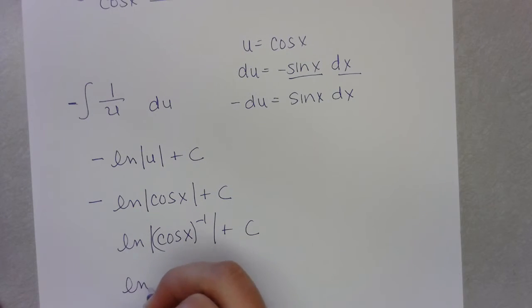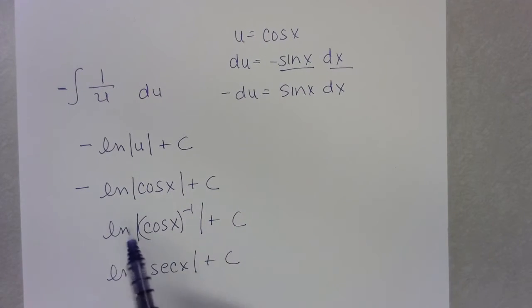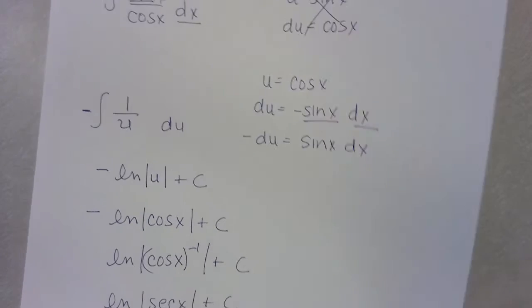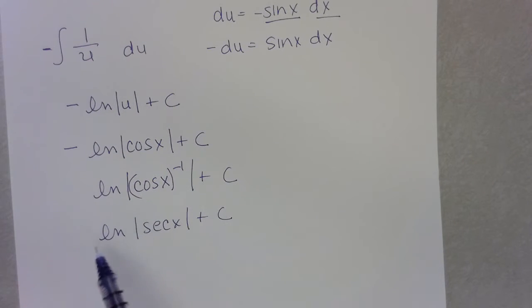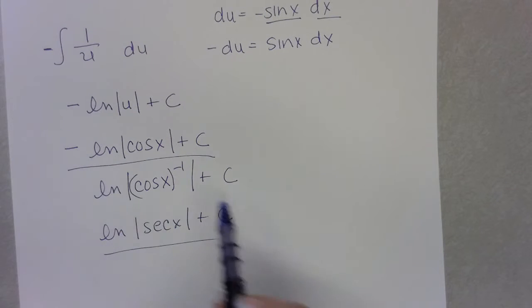So they'll say the natural log of the absolute value of secant of x plus c. But the negative natural log of cosine is fine. I'm just saying, if you see this looking different ways, it's because when you use logs, a lot of times you can write them in different ways.